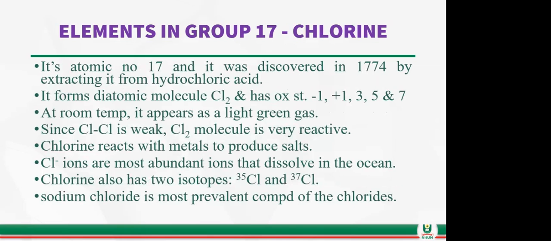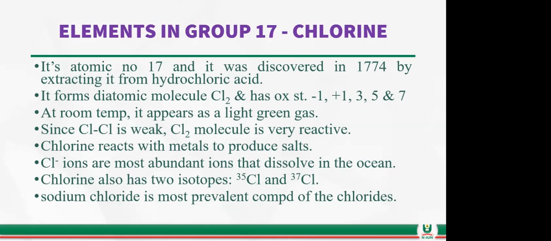Chlorine, as an element in group 17, is in period 3 of that group 17 with atomic number of 17. It's one of the most common elements in group 17. It forms the diatomic molecule just like fluorine, but it has oxidation states of -1, +1, 3, 5, and 7.